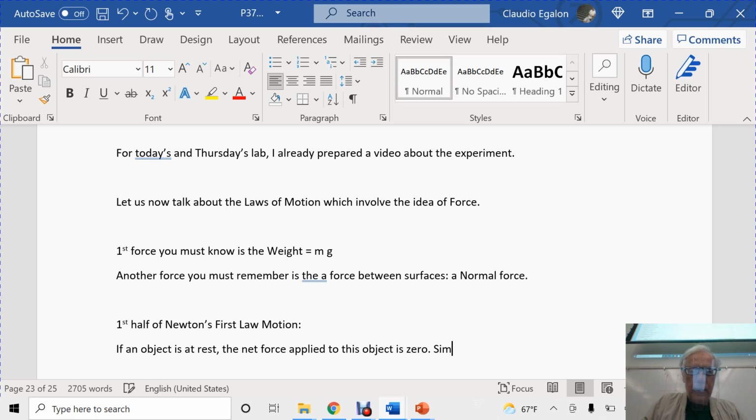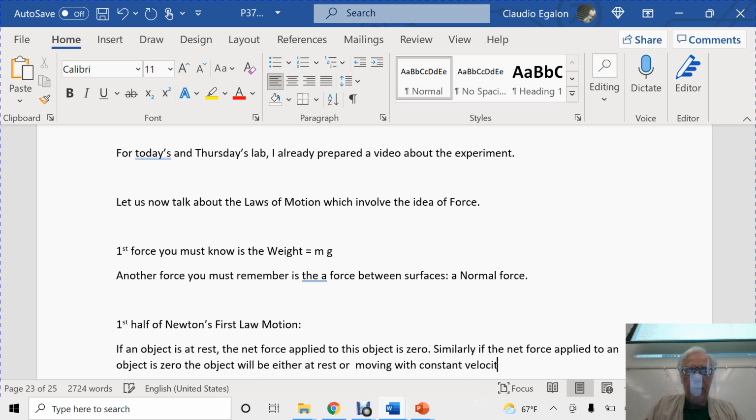Similarly, if the net force applied to an object is 0, now I'm going to go further, the object will be either at rest or moving with constant velocity. The first half is the case of the object that is at rest. The second half is the case in which the object is moving with constant velocity.